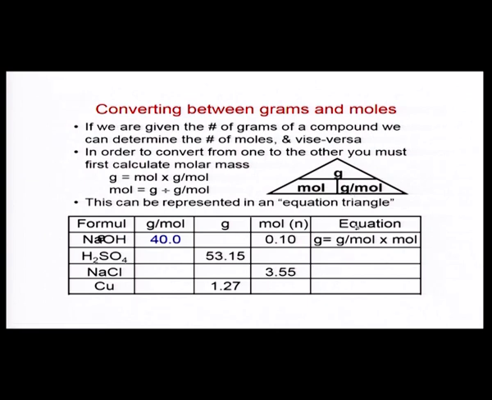Using this equation triangle, consisting of the relationship between mole, mass and molecular weight, we can calculate any quantity of actual reactants involved. For example, we will see sodium hydroxide, sulfuric acid, sodium chloride and copper, and how to calculate using this.